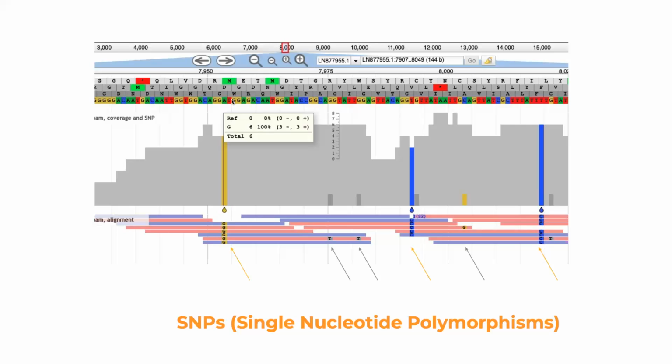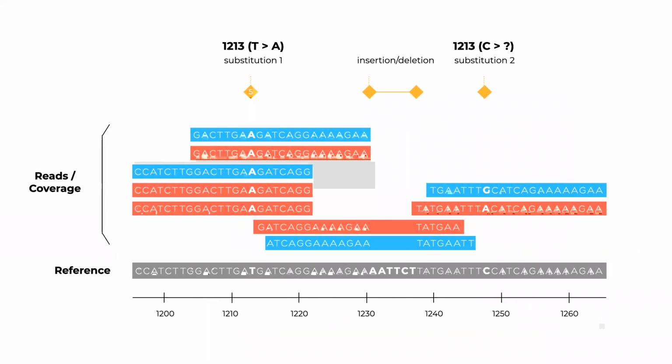So as you can see, the obvious challenge here is to look at how confident we are that we are actually finding a SNP and that that SNP or that variant leads to some kind of a change. For example, here you can see an alignment of reads. The number of reads that we have for each position is called coverage. And when we map it onto the reference, we have different levels of confidence in what we're actually finding.